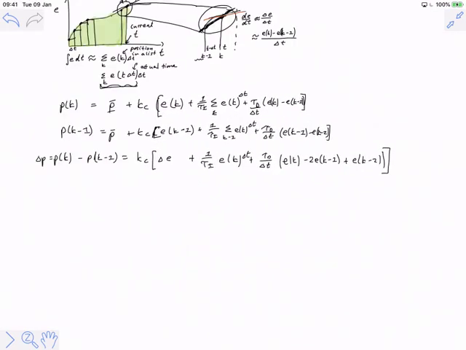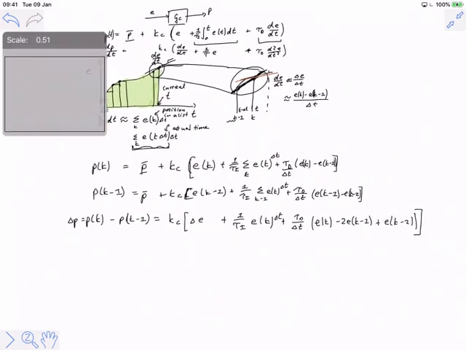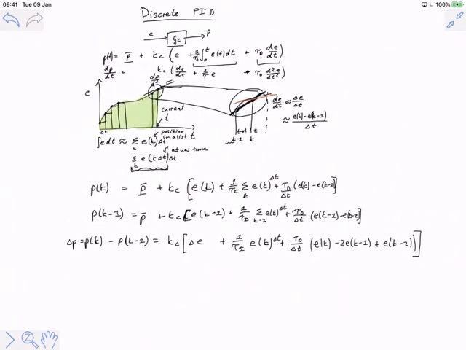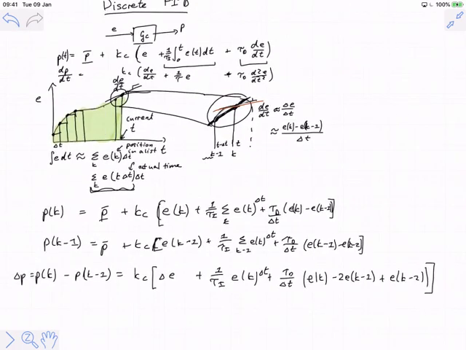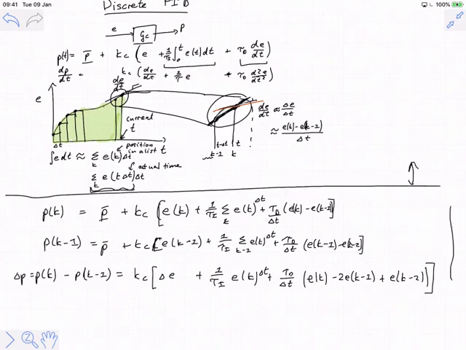Now, the most important thing that I want you to understand about this derivation is that none of the approximation happens above this line. So this math is all completely exact. There's no approximation there.